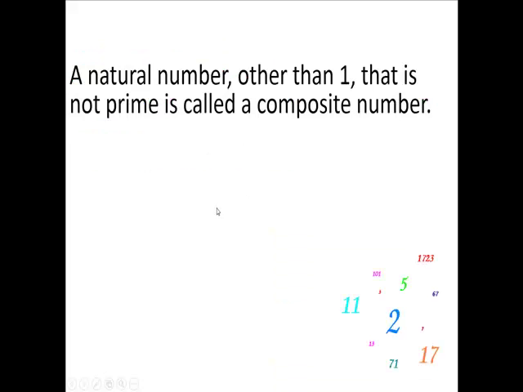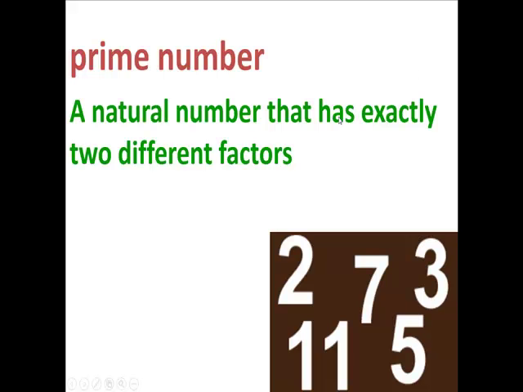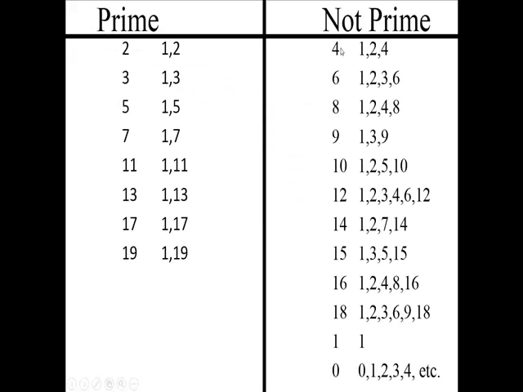Now just so you'll know about this, a natural number other than 1 that is not prime is called a composite number. Okay, let's go back to our chart. These over here are not prime, and they're not 1. If it's not prime and it's not 1 or 0, then it's composite.